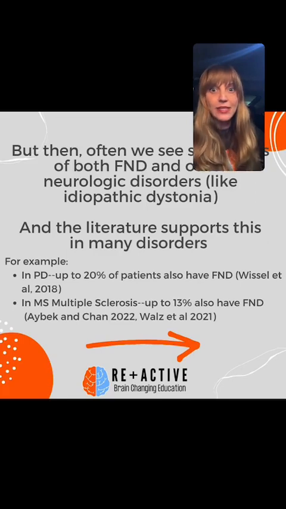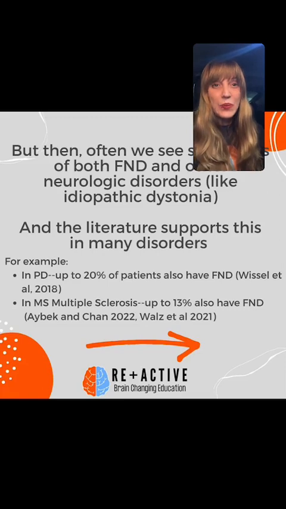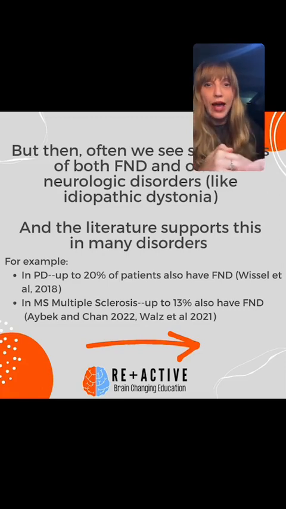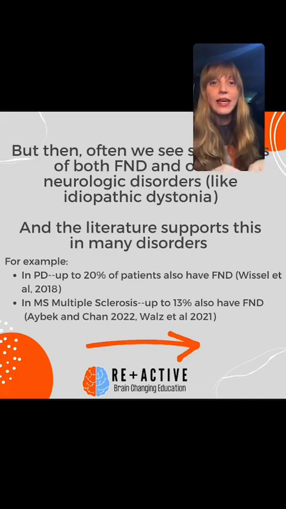Same in MS. Up to 13% of people with MS may also have functional symptoms. So interesting. This literature is really showing us that we need to attend to the overlap of these things. As a therapist, we do this when we're screening, but then we also need to make a formulation to really understand the person in front of us.